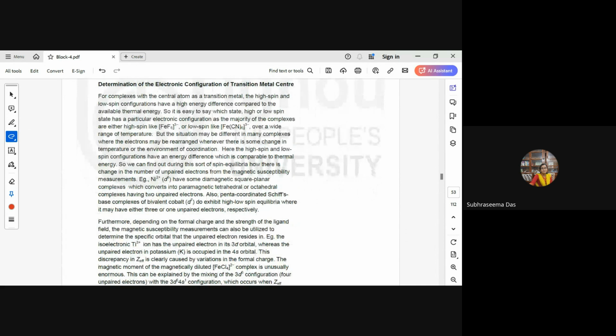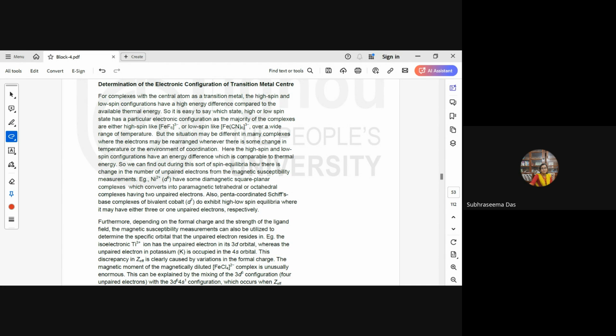For complexes where the central atom is a transition metal, the high spin and low spin configurations have a difference in their energy and their thermal energy. For example, FeF6 3-is a high spin complex and Fe(CN)6 3-is a low spin complex.